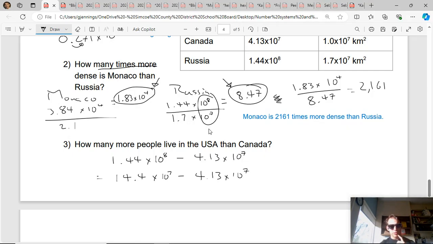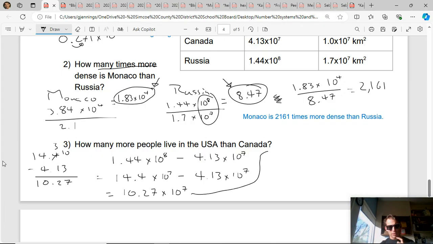So that was going to be equal to, let's just do our subtraction there. 14.4 minus 4.13. And we're going to borrow there, so that's a 3, and then that makes that a 10, so that's going to be 0.720, 10.27. So it's going to be equal to 10.27 times 10 to the 7, which is the same thing as 1.027 times 10 to the 8.